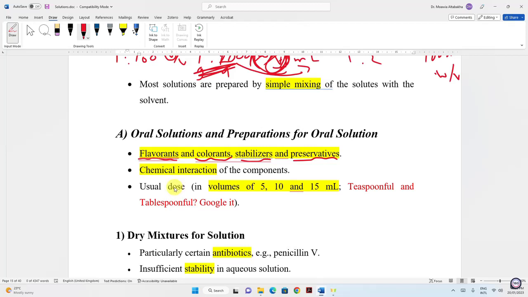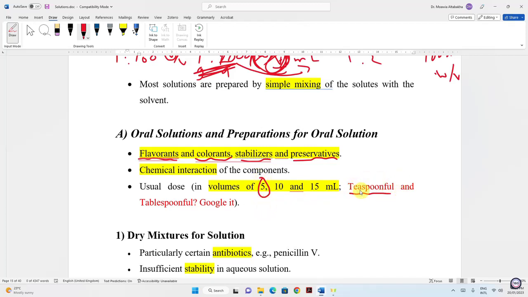When I'm talking about liquid solutions, usually they will tell you 1 teaspoonful or 2 teaspoonful, or they will tell you, for example, 1 tablespoonful. And you should be familiar with these terms and what they mean. Of course, in pharmacy, when we say 1 teaspoonful, we refer to a measurement of 5 ml.